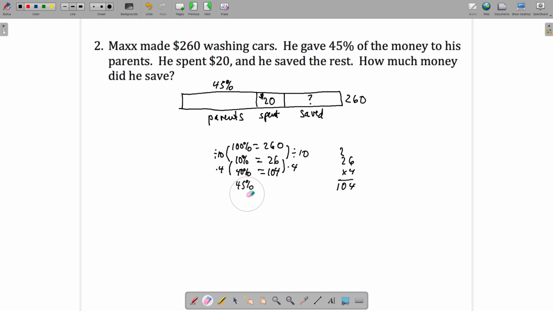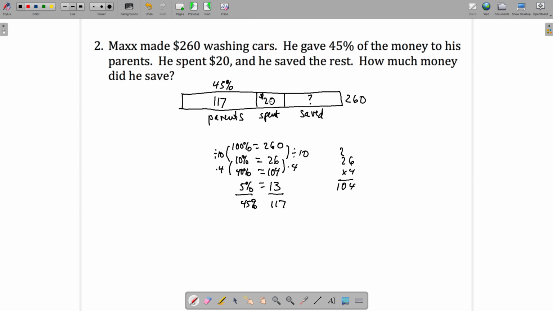And then, in order to get 45%, I'm realizing that 5% is going to be useful to get first. So I'll go ahead and do that. I know 10% is 26 and 5% is half of that. So 5% is equal to 13. And if I add those together, 45% is equal to 117. So 117 goes here.